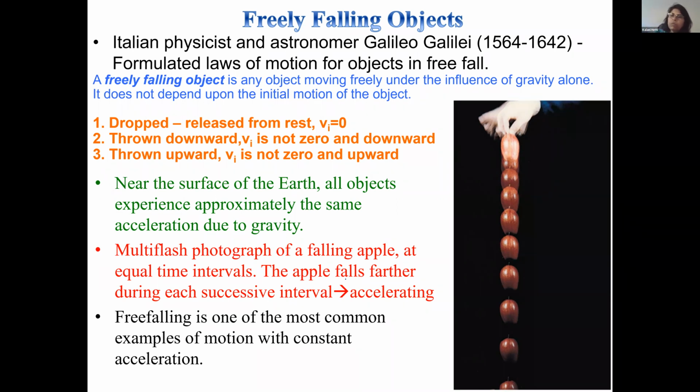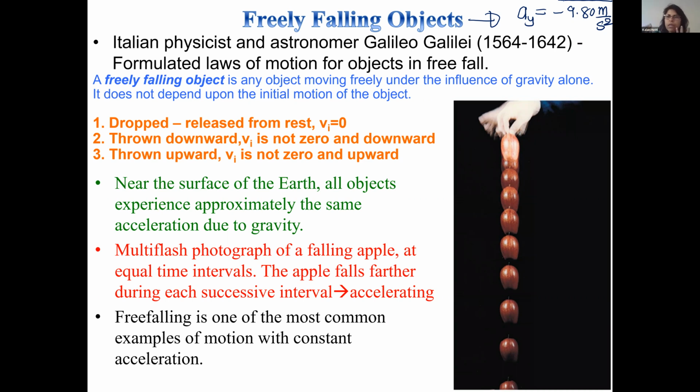Maybe falling down, maybe going upward, it doesn't matter, if the object is moving under the influence of gravity, that constant acceleration, those problems we call free fall motion. In free falling objects we have constant acceleration. That acceleration is in the y direction, negative 9.80 meters per square second.